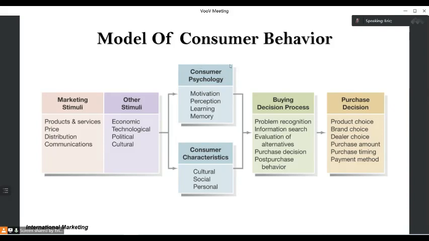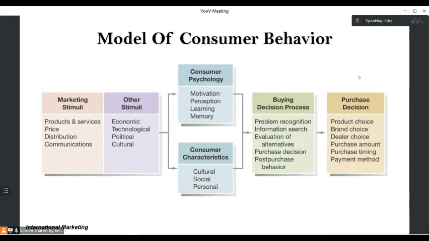And after that, we are affected by the stimuli, by culture and social factors, and we have the motive to want to buy something. So this is the buying process: problem recognition, information searching, and so on.